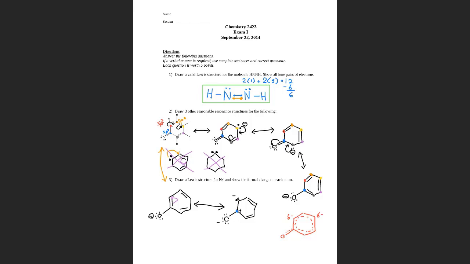And that's what that little cursive delta is, which kind of looks like a musical note. A partial negative there and a partial negative there. And in truth, you would actually maybe have a small partial positive here. It would be pretty minor, but you might have a small partial positive here because of the electron withdrawing strength of the oxygen. But that's what the molecule would actually look like.